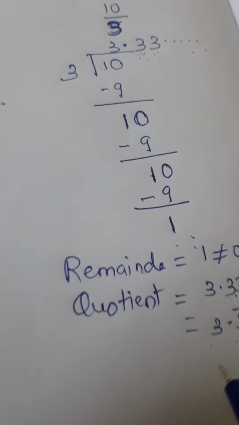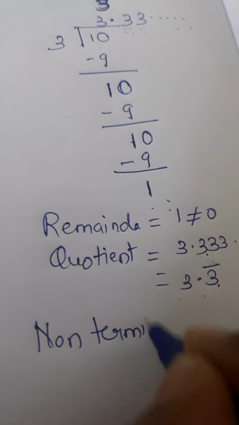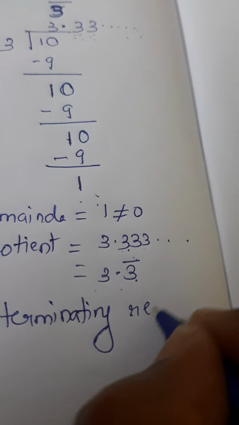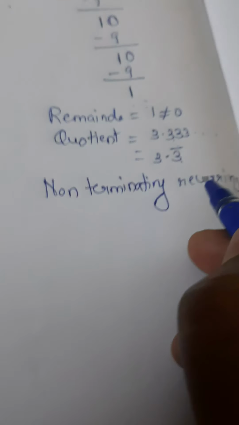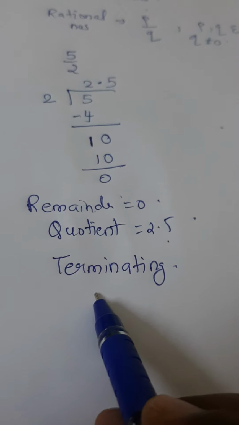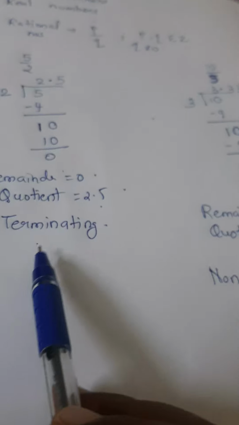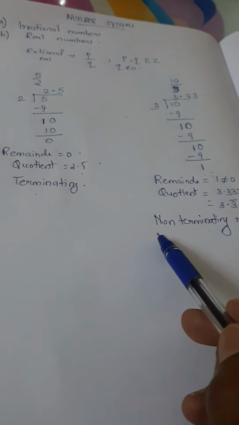So such decimal numbers are known as non-terminating recurring or non-terminating decimal numbers. So we saw an example of terminating decimals. We saw an example of non-terminating recurring decimals. So both these terminating as well as non-terminating recurring numbers are known as rational numbers.